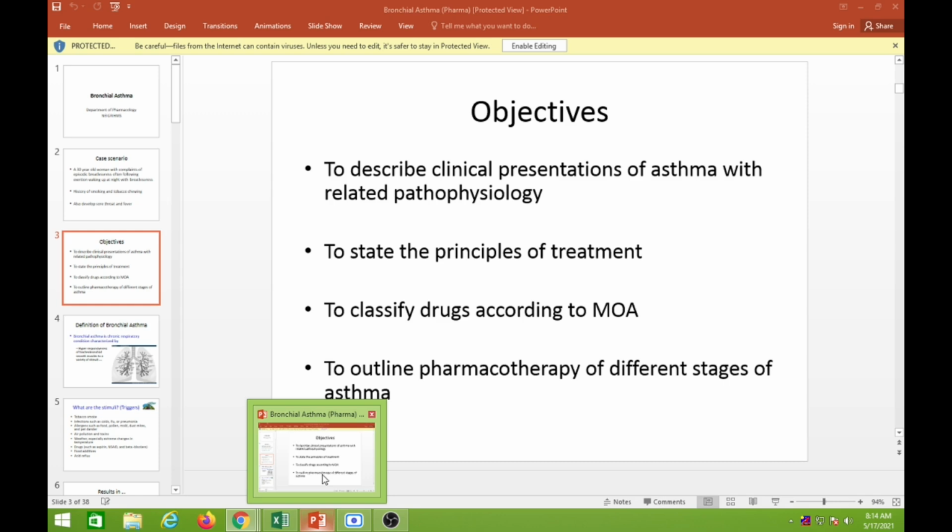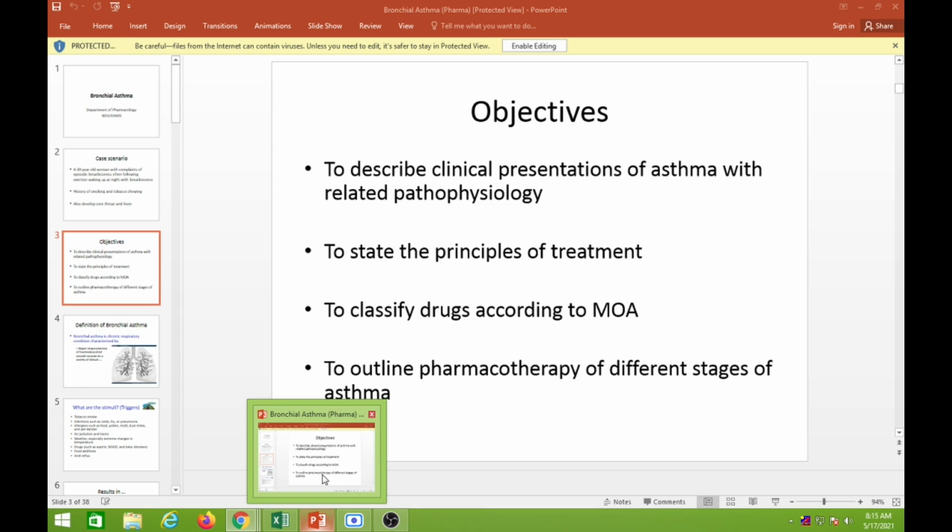This is very, very important. As you've seen in the last semester exam, most of the questions have come in relation to mechanism of action or adverse effects. So please be ready, and when you read pharmacology, please read along those lines. And then we have to outline a pharmacotherapy for the different stages of asthma.